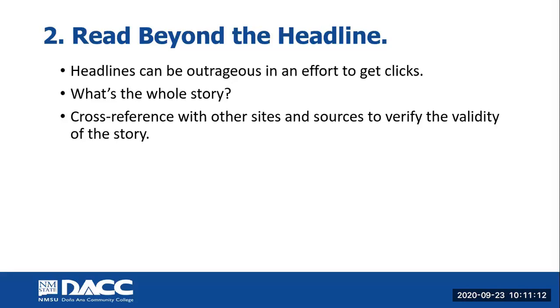Is Social Security being terminated? Are they making these changes? I couldn't find it. So that's what cross-referencing means. If it's an accurate, credible news story, you should be able to find it on other websites from other sources. If it's unique, then that should be a red flag.